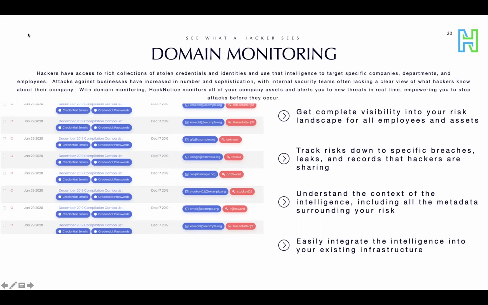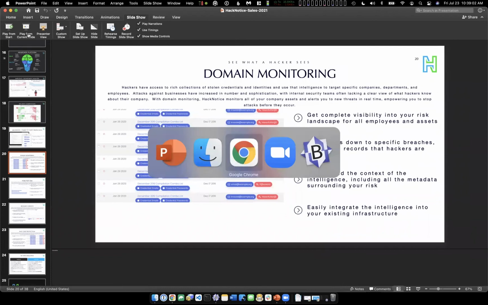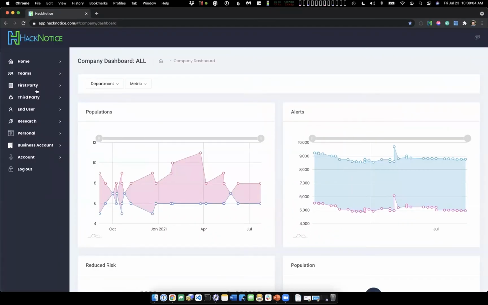So it's the original, the OG threat intel service. It's a very old way of looking at the world, but it's what most people think of when they think of threat intelligence.